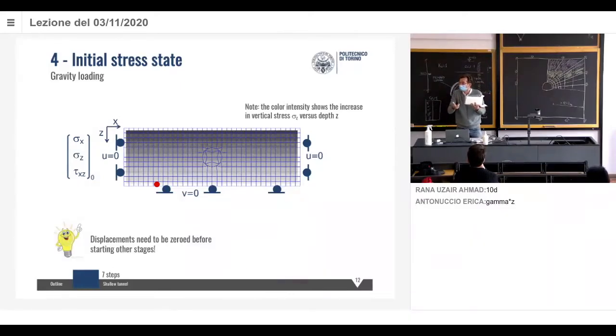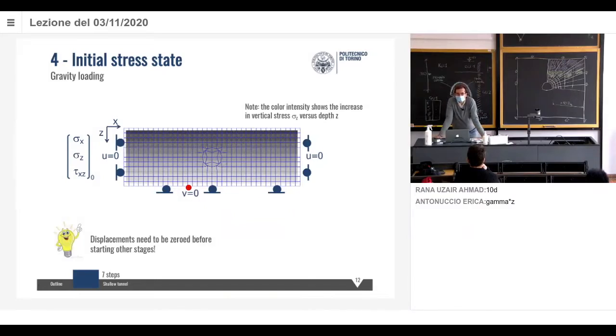But once I give a weight and the gravity, it will settle. The one on the bottom has some boundaries, so it's not going to change, but the one on the top will go down. And what we will see is a displacement at this node going down, a displacement at this node, and so on. This one is going to be fixed. So this will be the biggest displacement, and then we have a variation of displacement going down to 0 down here.